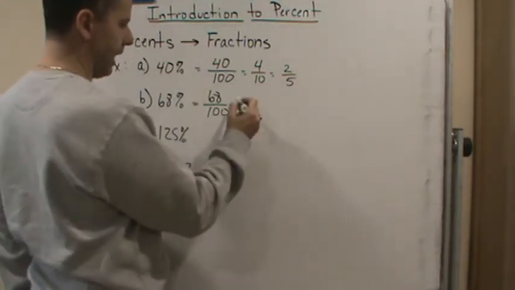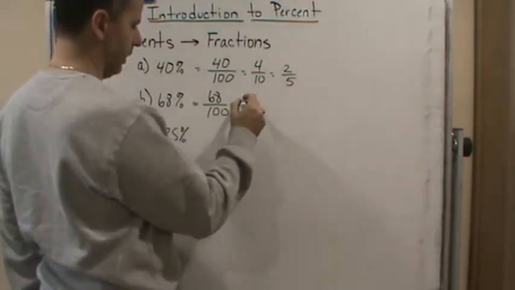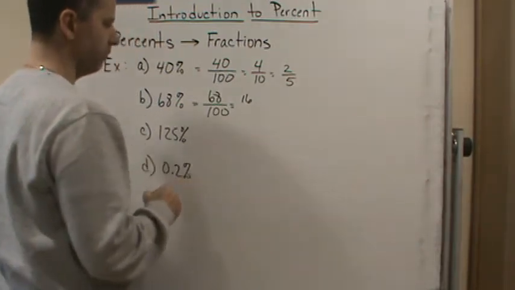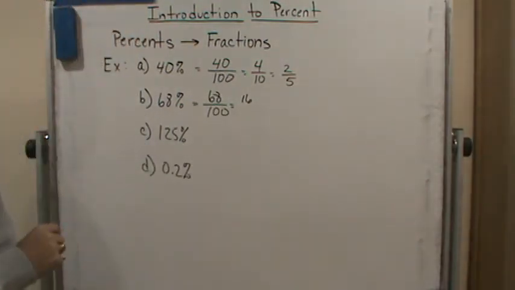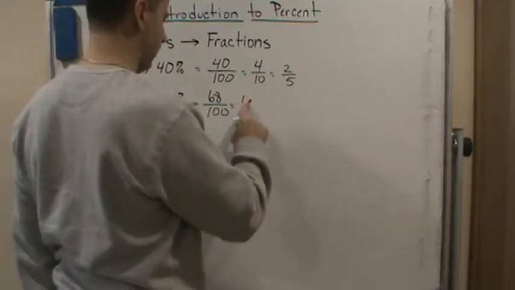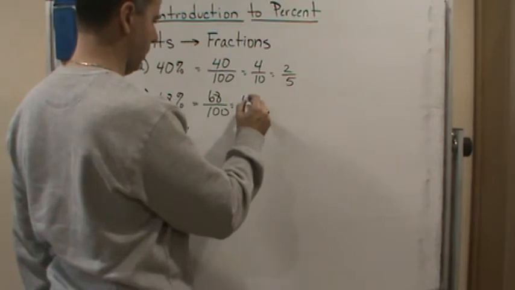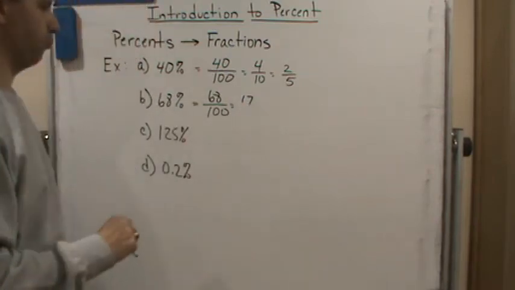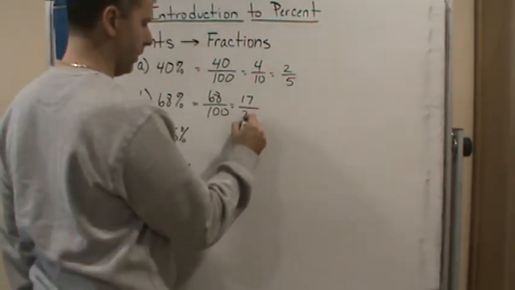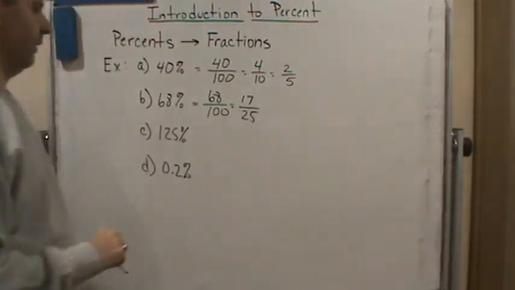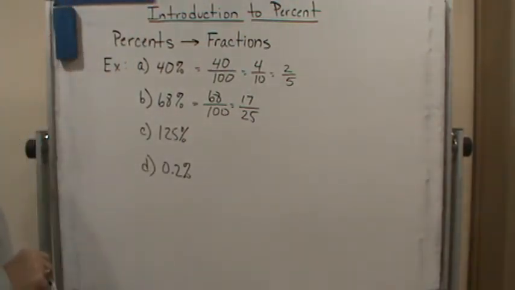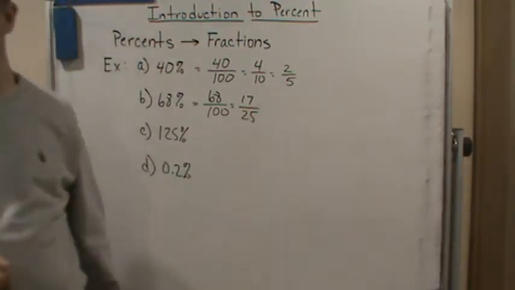So the top is going to give me 17. So 17 over 25, and I can't reduce it any further because 17 is a prime number.